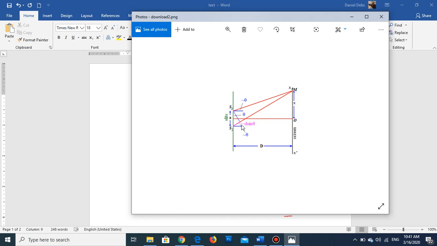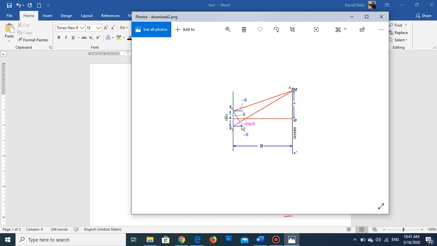Going back to this example, if the first one covers 10 lambdas and the second one covers 8 lambdas, then the difference is 2 lambda, which means that this is a bright fringe of order 2. Before talking about the other point, let me take a special point.